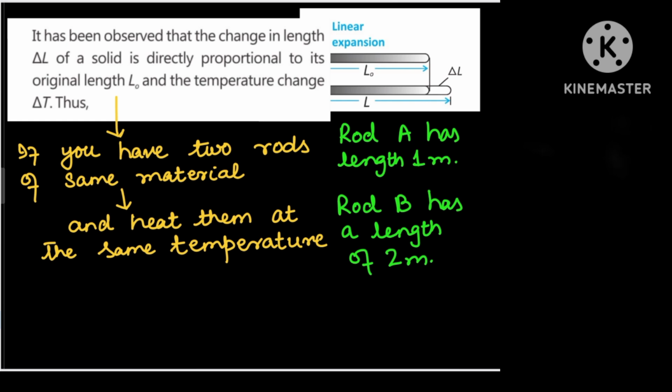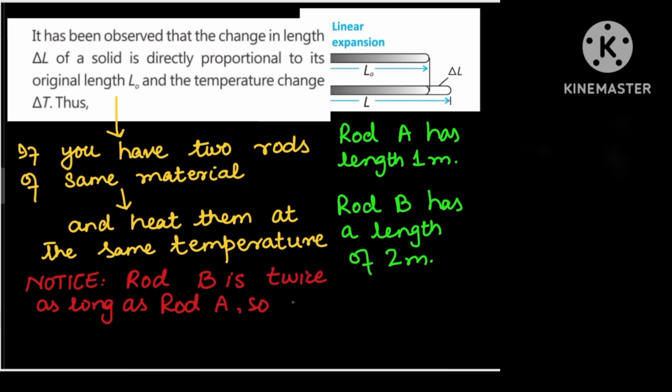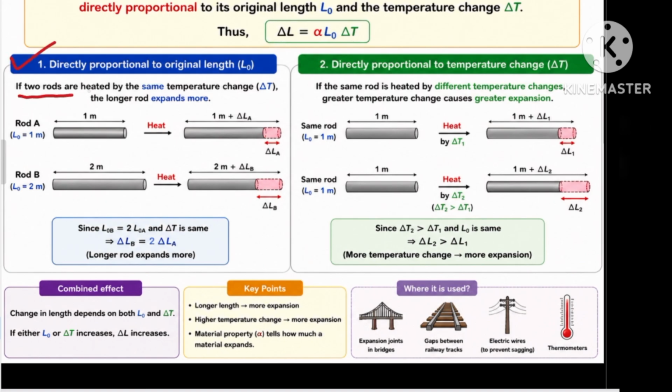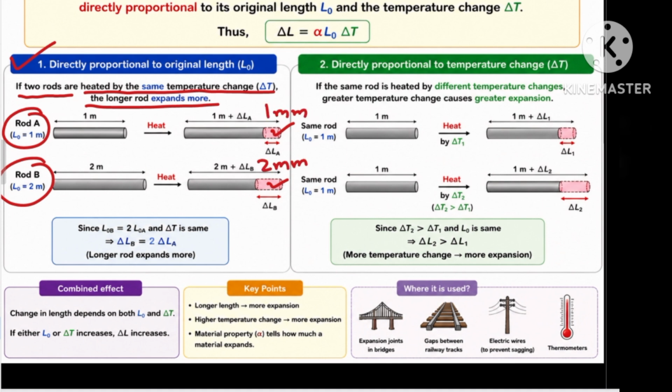This is because the original length of rod B is twice as long as rod A. This shows that the longer the original length of the rod, the greater will be the increase in its length on heating, if the temperature change is the same for both rods. And if you take two rods of the same length, let's say 2 meters of original length, but heat them to different temperatures, the increase in length will be higher at the higher temperature.